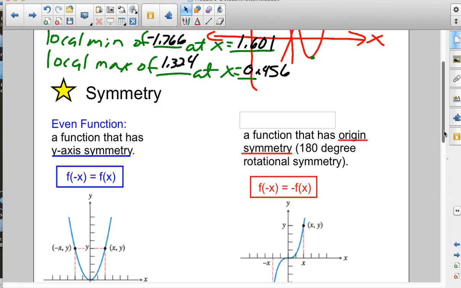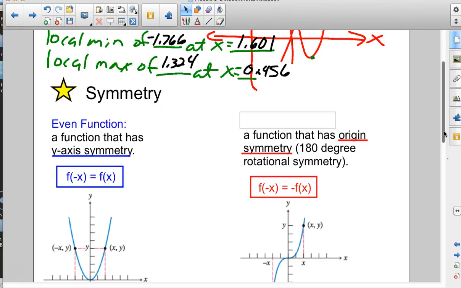But if we're not allowed to graph it, like maybe if somebody took your graphing calculator away, could you figure out by algebra whether or not we have an even function? So a function that has the y-axis symmetry will do this. If you put a negative x in wherever you see an x and simplify it, it will look exactly like the original function did. And that's because of that symmetry.